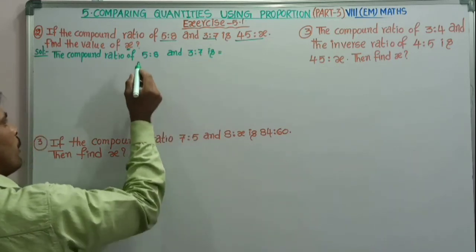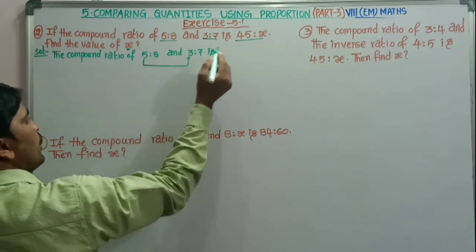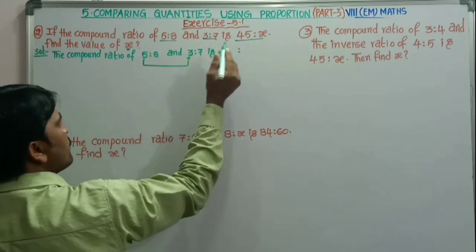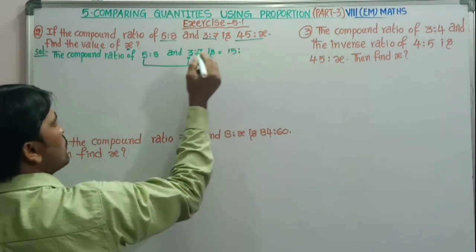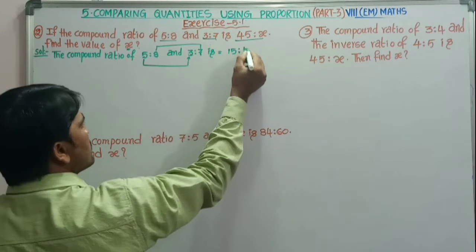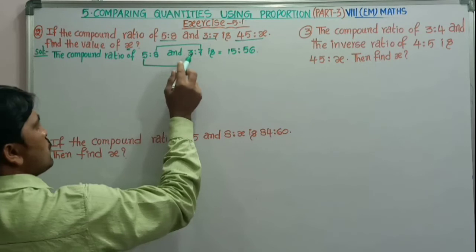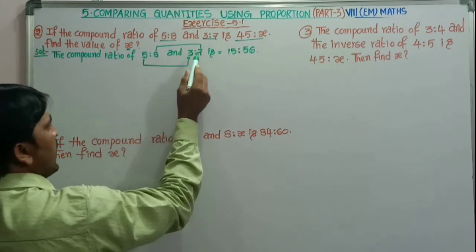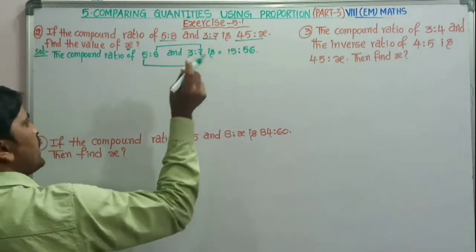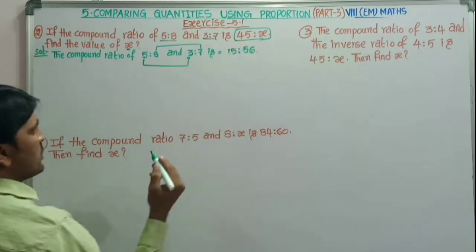By the definition, the compound ratio of two ratios is the ratio of the product of antecedents, 5 threes are 15, to the product of their consequents, 8 sevens are 56. Yes, the compound ratio of these two ratios is the product of their antecedents to the product of their consequents. But according to the question, their compound ratio is given as 45:x.